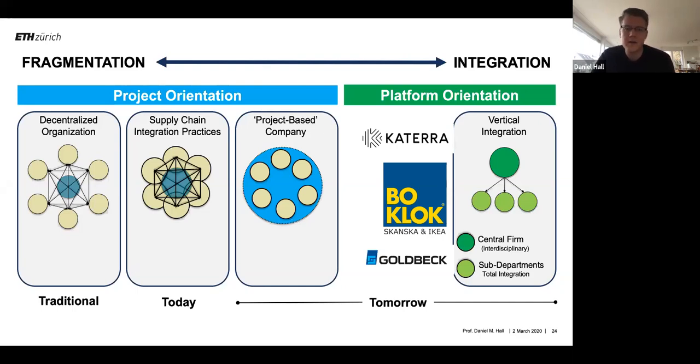The way that a vertically integrated company is structured is that they have a central firm, and then they have departments. But everything you can see here is in green because it's all contained within the same company. And this allows you to really iterate within your own company and not be reliant upon outsiders. This enables you to go very fast.